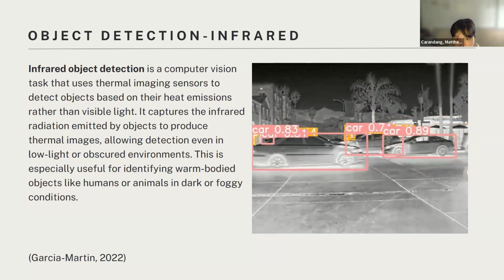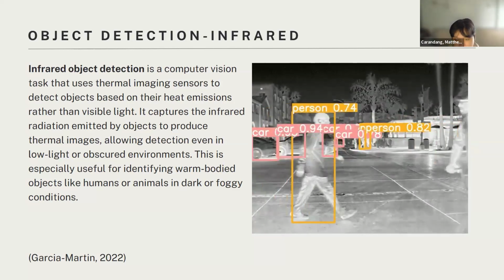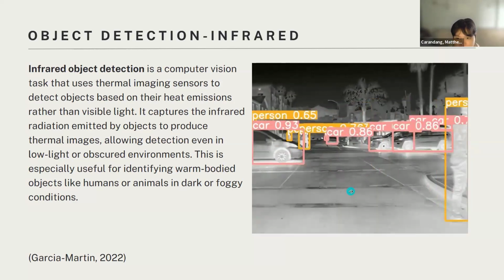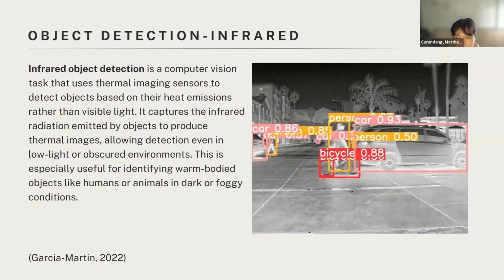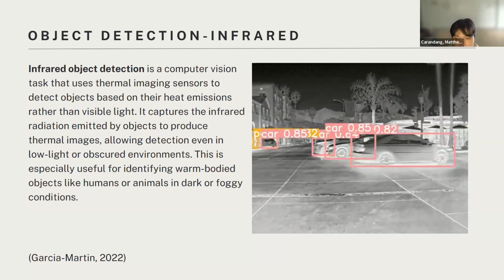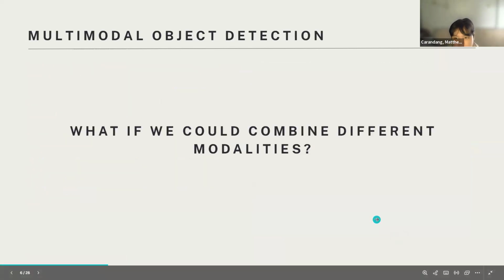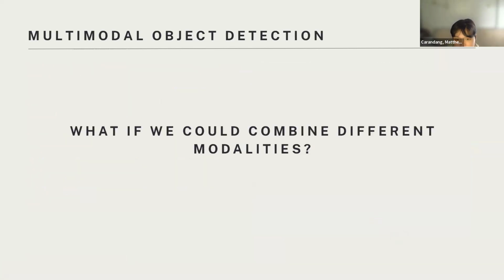I introduced the different modalities because in object detection, different modalities have different limitations. So an idea would be: what if we could combine these different modalities? If we combine them, we can possibly have the strengths of each modality combined and put in a single model.